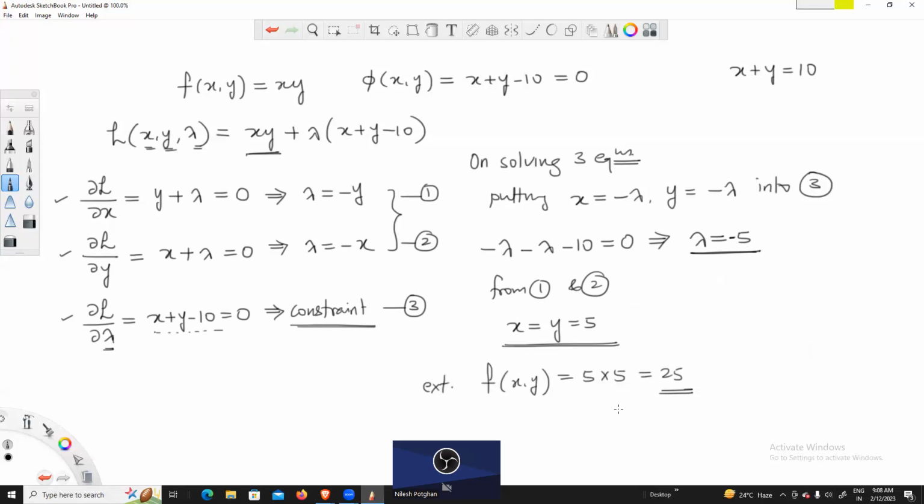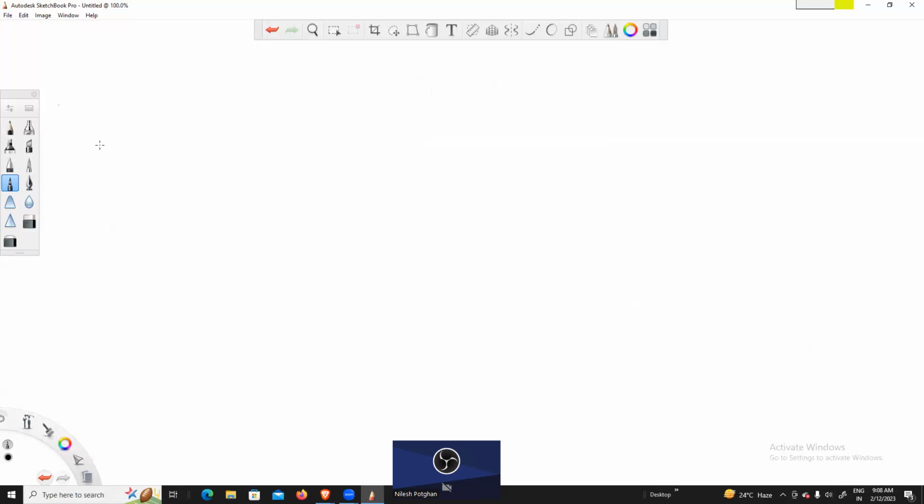So let us take another example of the Lagrange multiplier technique. Suppose you have a temperature field.